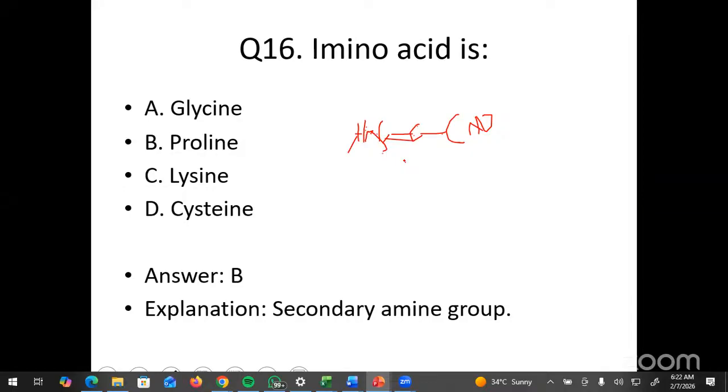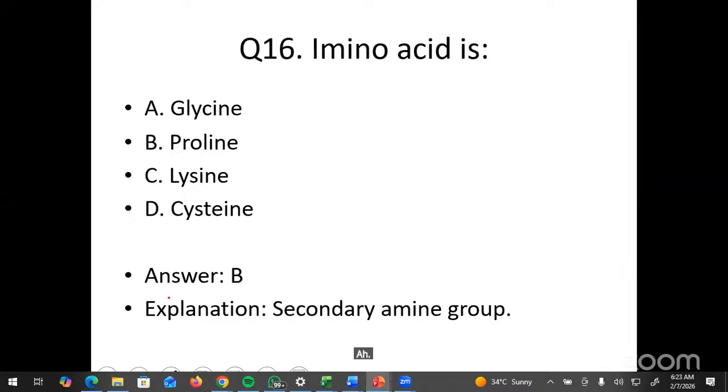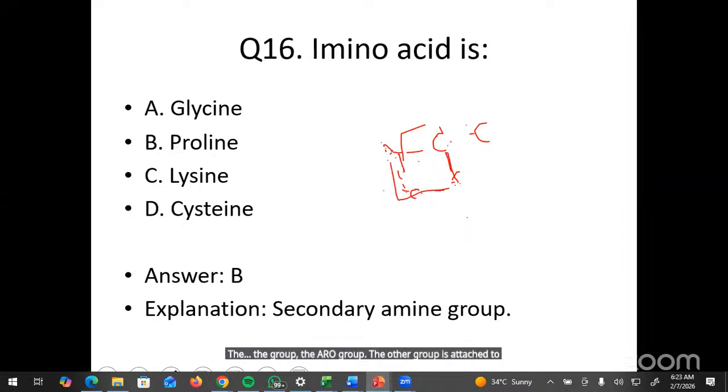So proline looks like this. The R group is attached to the amino group.